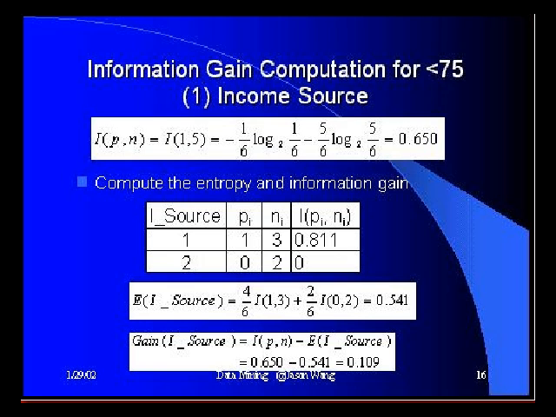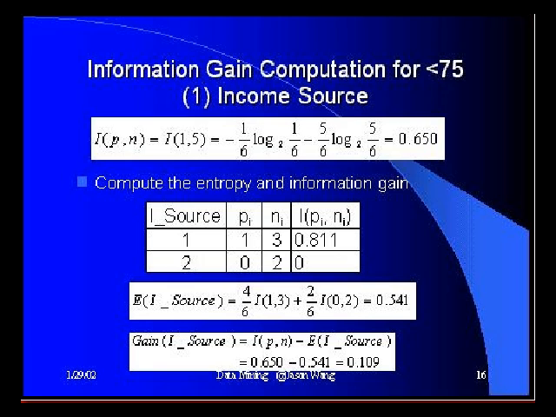So let me calculate the information gain for phone usage less than 75 for the income source attribute. You have to keep in mind that the total number of positive examples and the total number of negative examples have changed, because right now we are working on the reduced training database rather than the original training database. So P right now is 1 and N right now is 5.